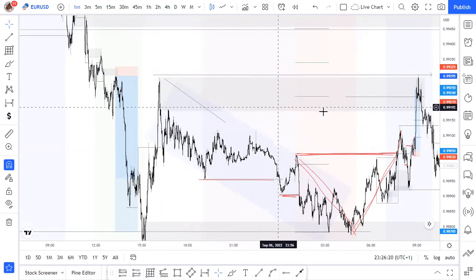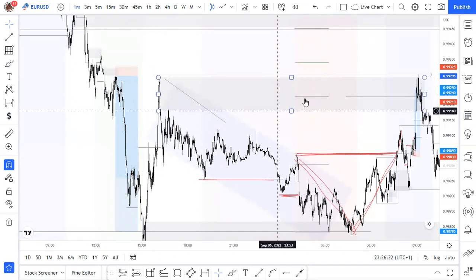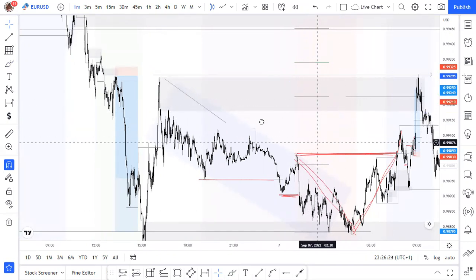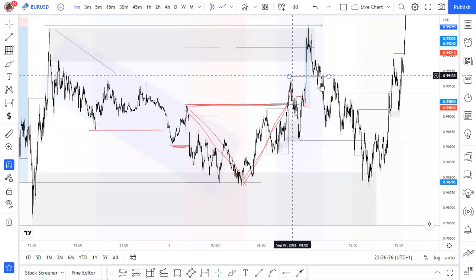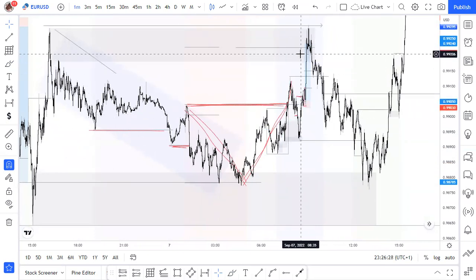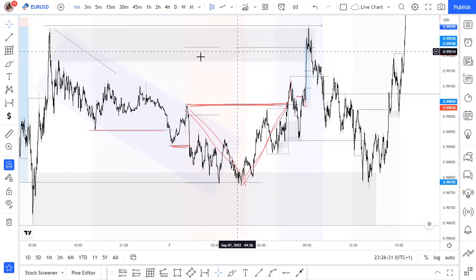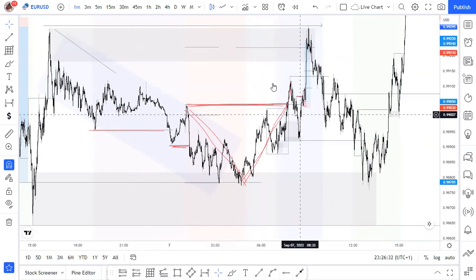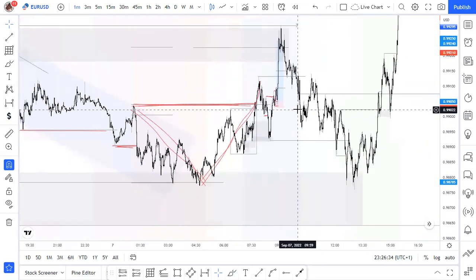This was one of the zones I was interested in maybe taking sales from. That was the reason why I only set my TP to this zone, and that was how the trade went.